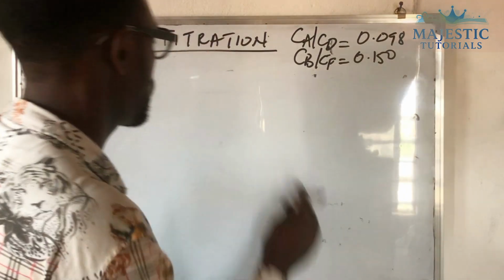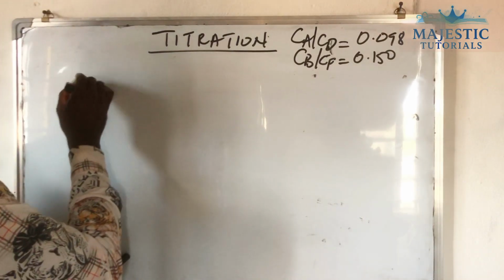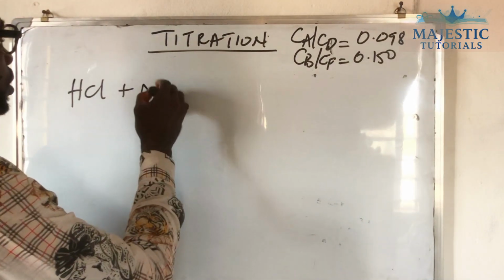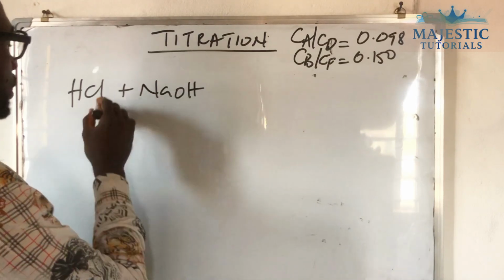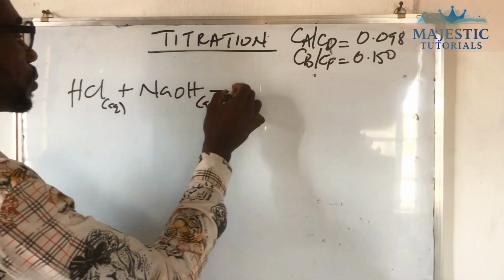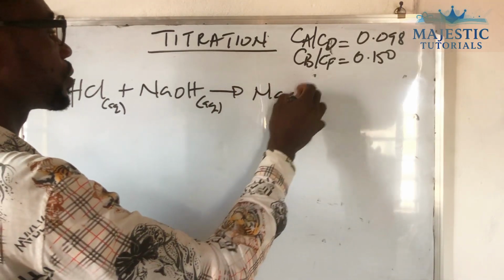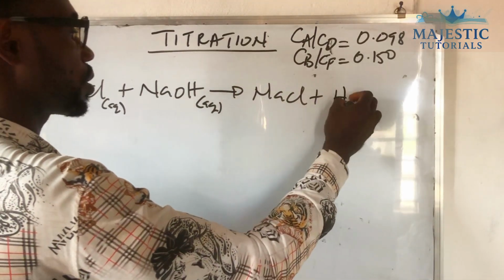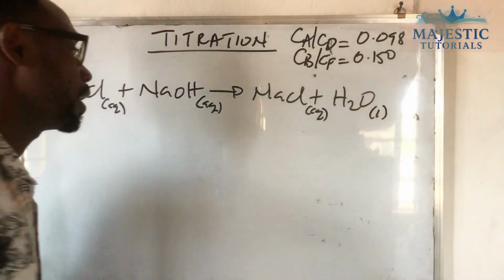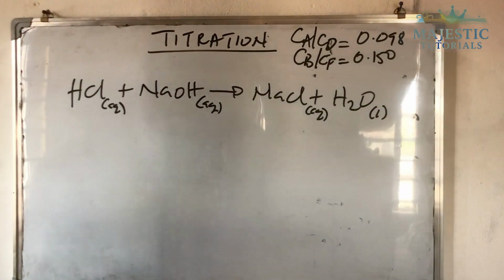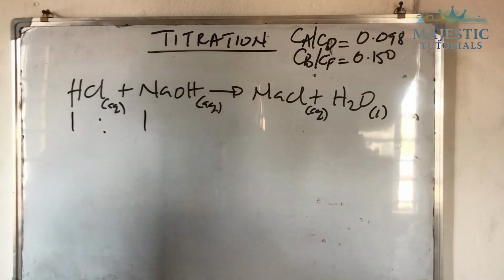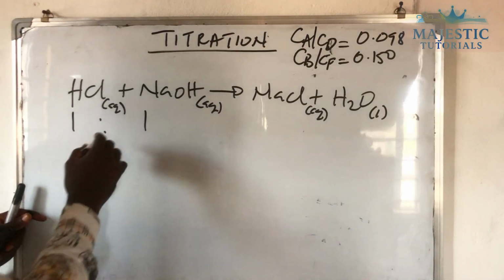The equation of the reaction is HCl plus sodium hydroxide, aqueous, will give us sodium chloride plus water. This is aqueous and this is liquid. If you look at it, the equation is balanced such that the mole ratio of acid to base is 1:1.